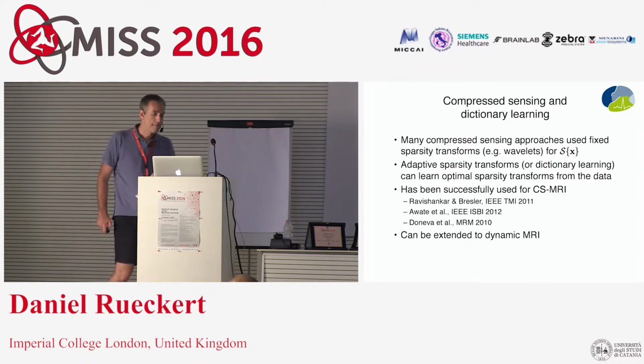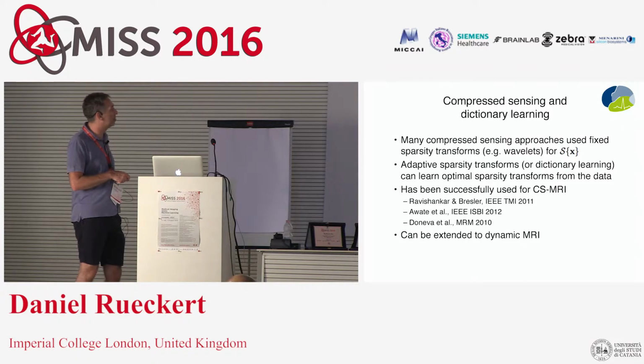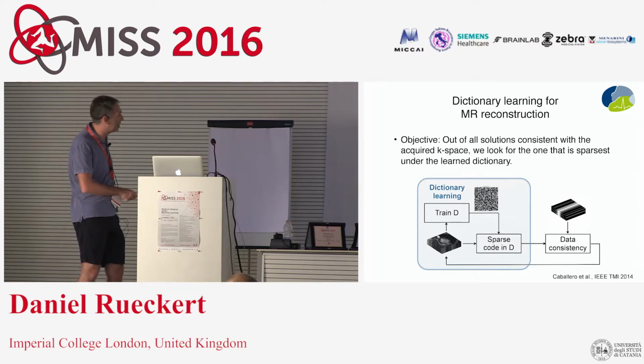The idea I'm going to go through is very simple. It consists of 3 different steps. I'm going to acquire my corrupted data set. This is effectively just randomly undersampled data, and everything which I've not sampled in K-space I'm going to fill with zeros. I'm reconstructing the image from it, and then I'm training a dictionary on this artifacted data.